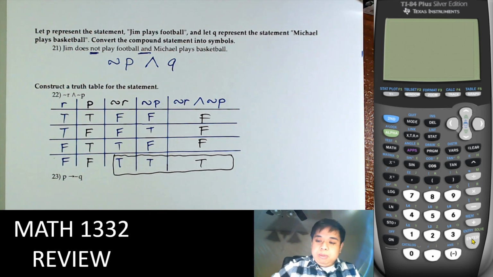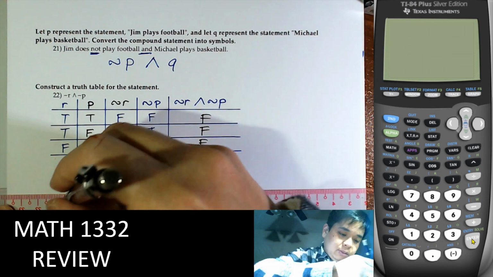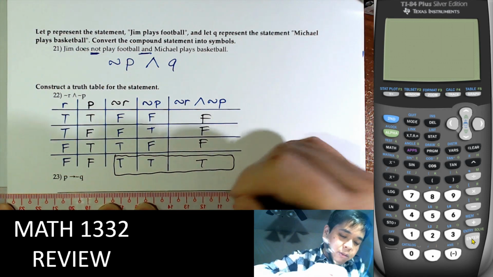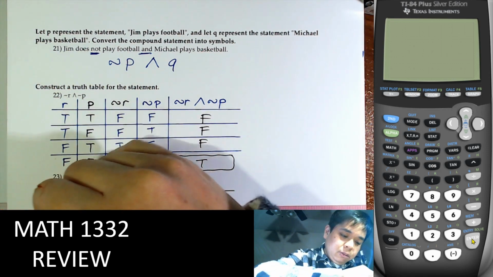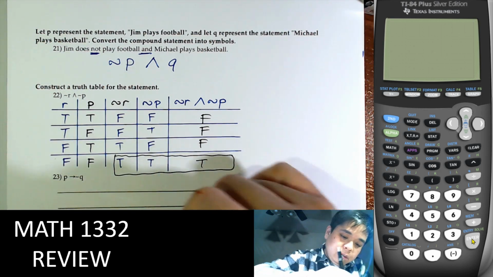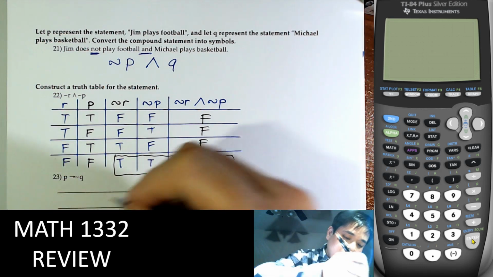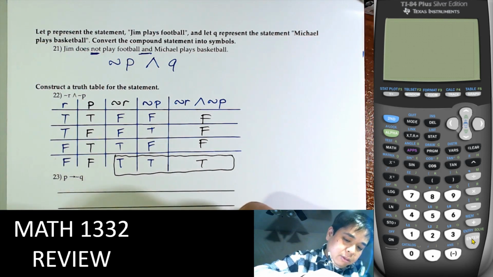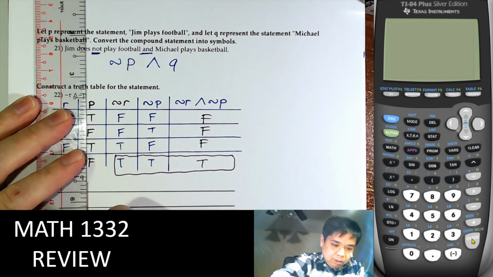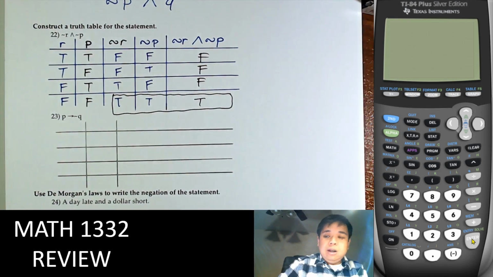Next we have P and Q, only P and Q. Right?